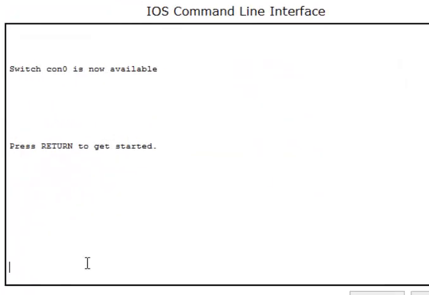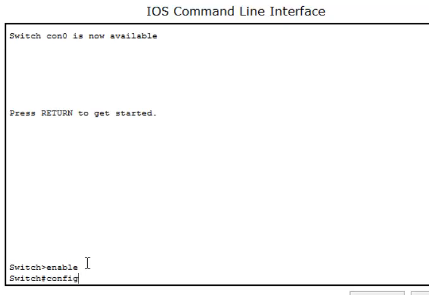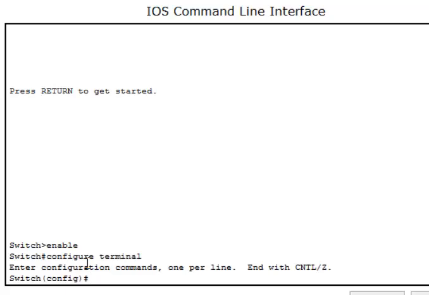We'll go to switch 1 first. Type enable, configure terminal, type interface range FastEthernet 0/1 to 2.